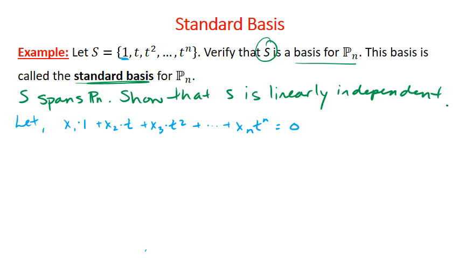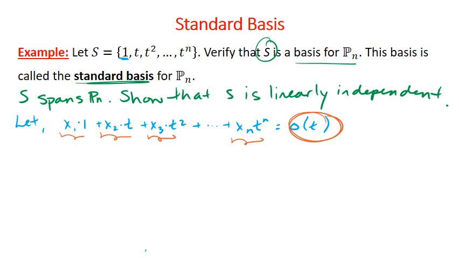And this is equal to 0 times t. Now, this equation only holds true if every term equals 0. So if we want this equation to equal 0, if we are adding these items together, everything must be 0.